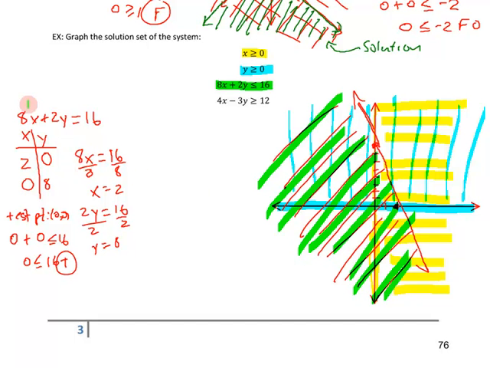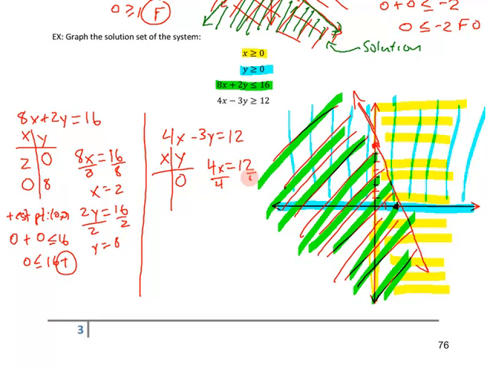Alright, we got one more equation, so I'm going to squeeze it in right here. Take 4x minus 3y, set it equal to 12. So that would be, if I do x and y intercepts, y equals 0 gives me 4x equals 12, or divide both sides by 4, I get x is equal to 3.